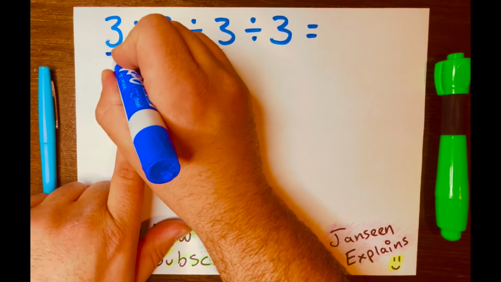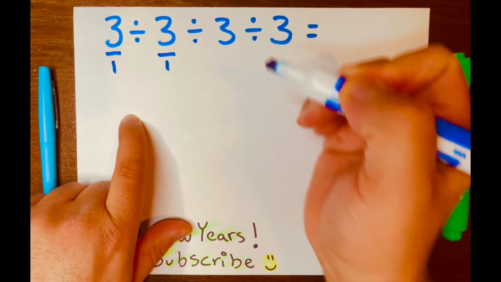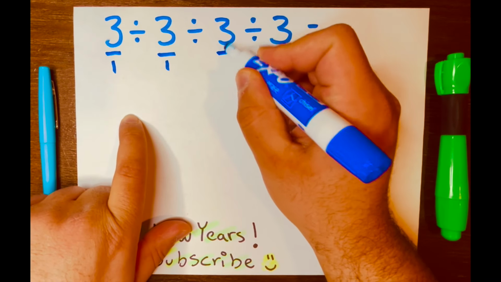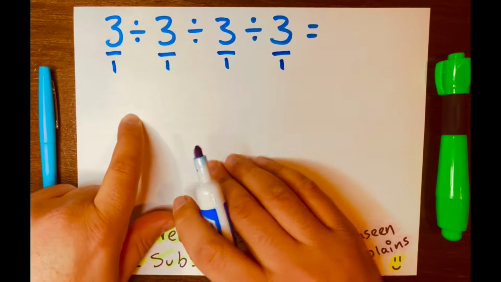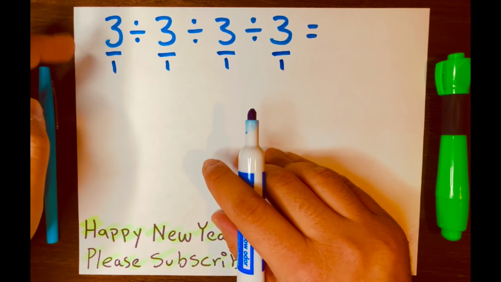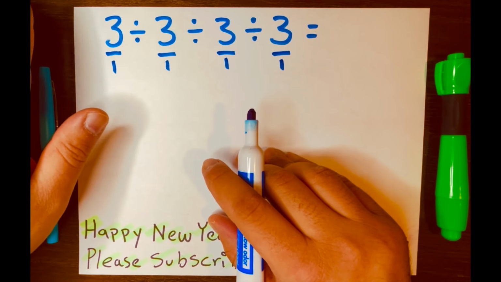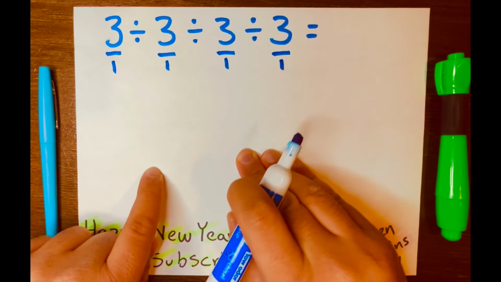So 3 over 1, 3 over 1, 3 over 1, and lastly 3 over 1. And we all know that 3 over 1 equals 3, it does not change the 3. So it will not change the 3's in our problem.